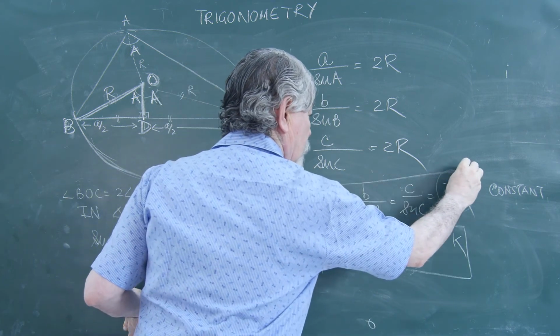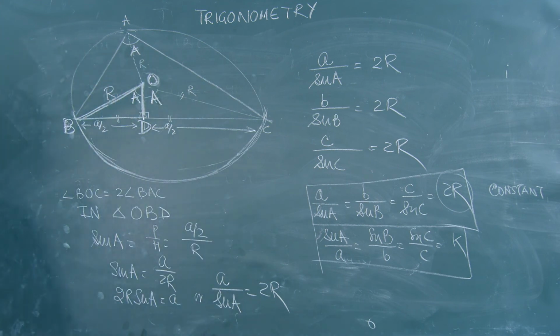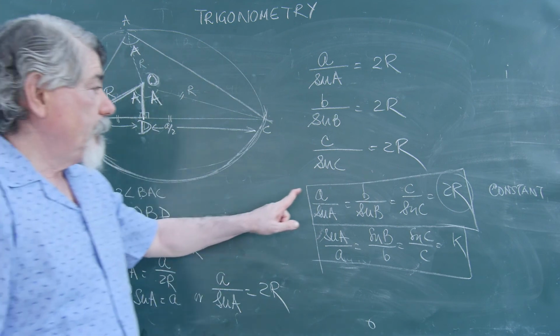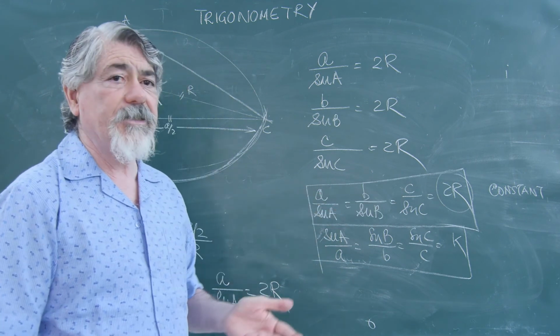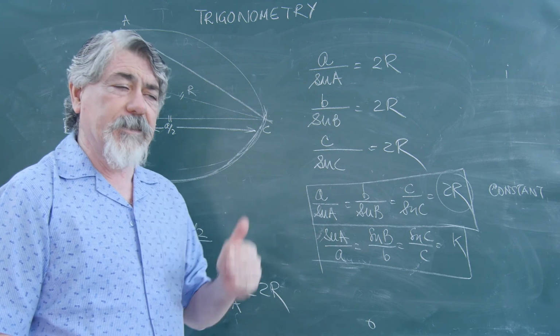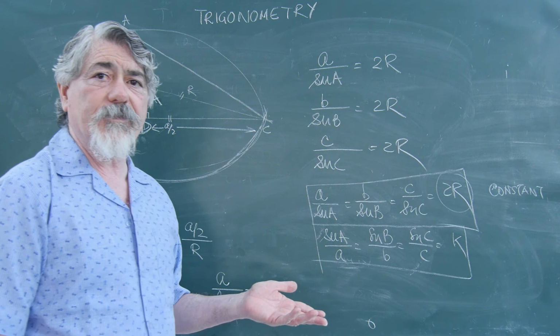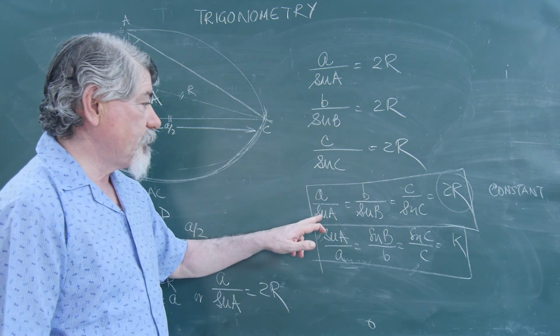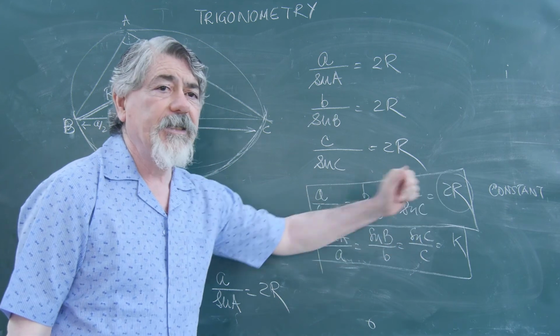This is called the sine law or the sine rule. The relation is between the sides of the triangle and the sine of the angles of the triangle. A upon sine A is equal to B upon sine B is equal to C upon sine C is equal to constant.